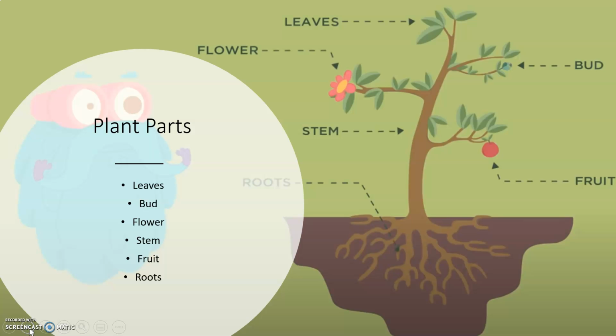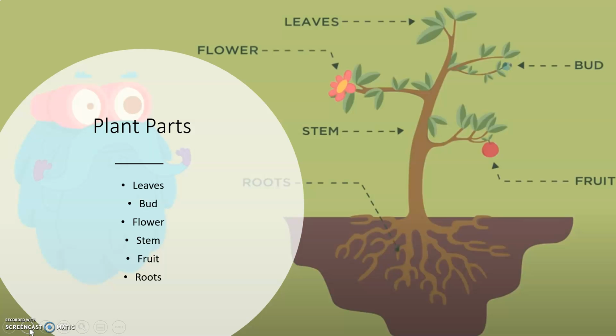Okay, now that we're back, Dr. Binox told us a lot of useful information. He told us all of the parts of a plant. These include leaves, bud, flower, stem, fruit, and roots.